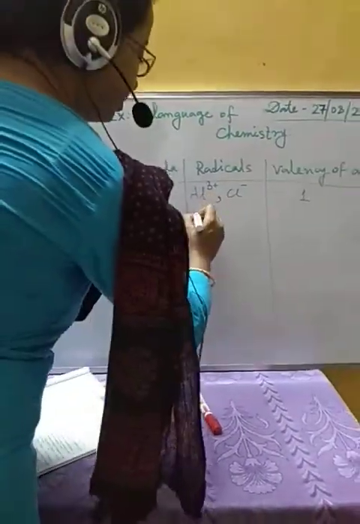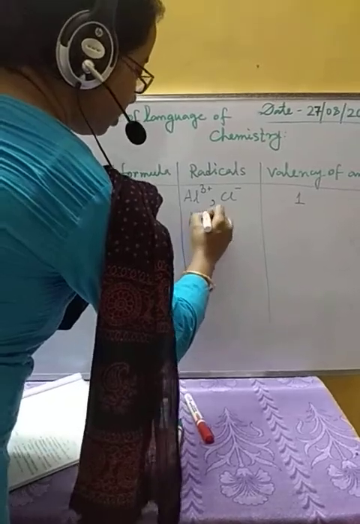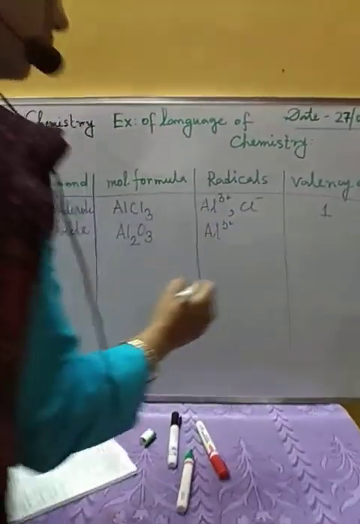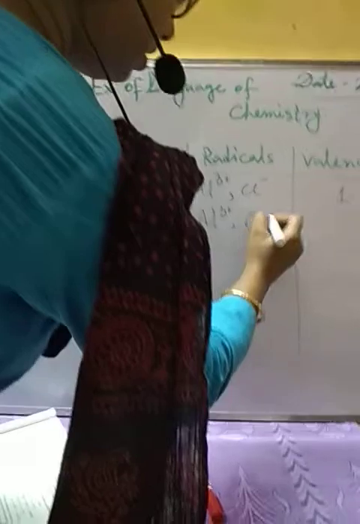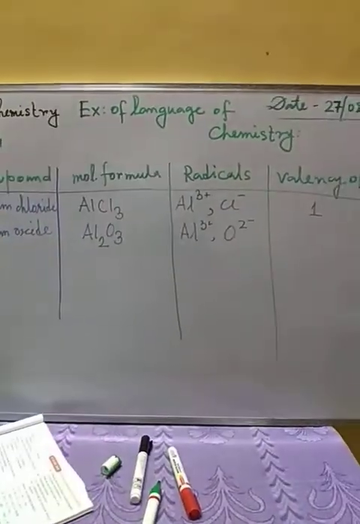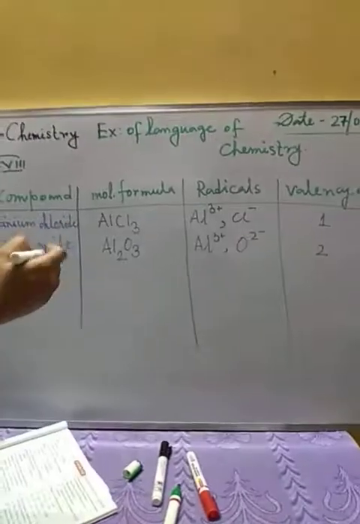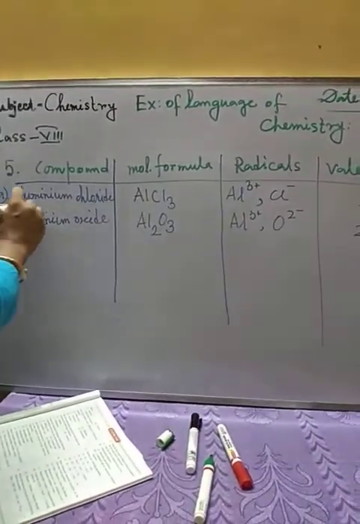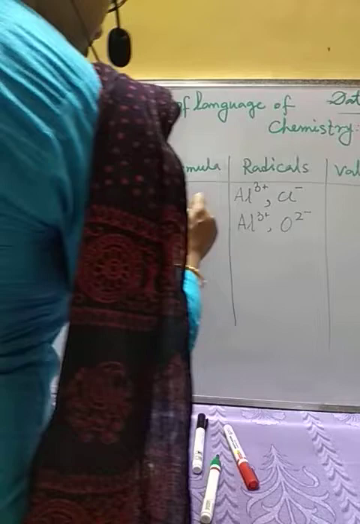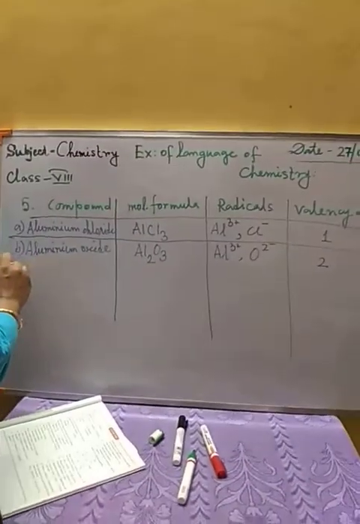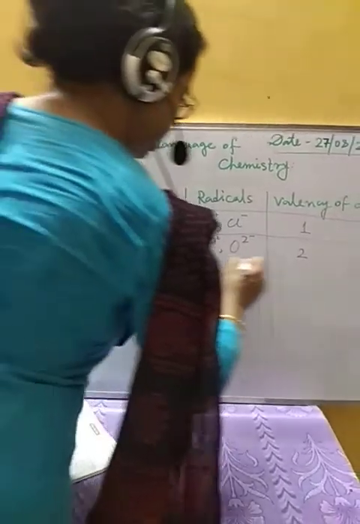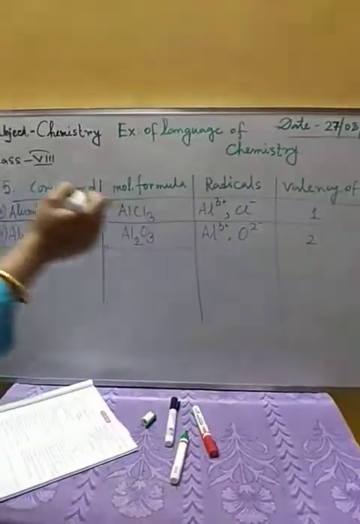The radicals present will be aluminium, same Al3+, and oxide, that is O2 minus. From this the valency of anion will be 2. You just draw a line in between so that one cannot mix with the other.